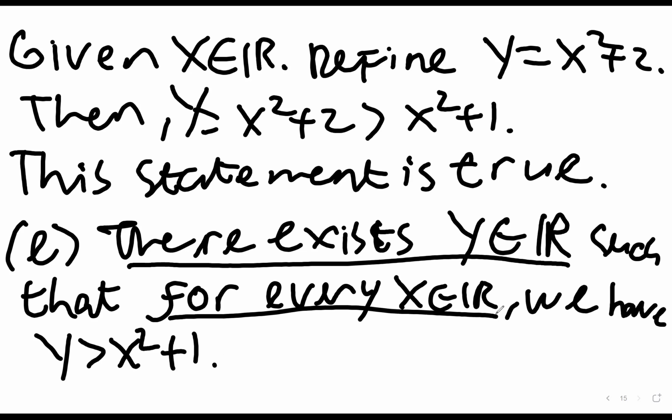But of course, this is only the existence of y, and we have "for every x" here. So we cannot say that x depends on y, because y is already chosen.